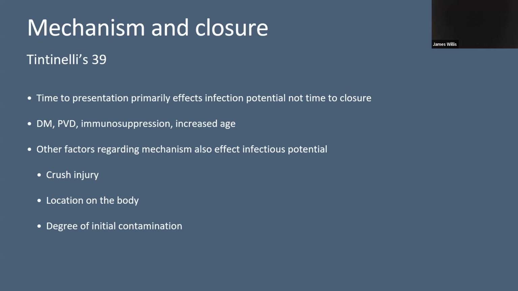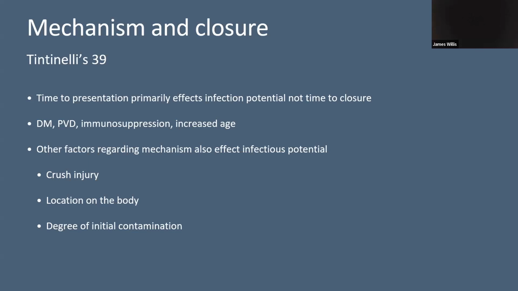Other already present factors, such as someone's medical history, diabetes, peripheral vascular disease, immunosuppression, these are all things that can decrease our immune response, decrease circulation, et cetera. Other things such as mechanism of the wound for a crush injury, these we know cause a decrease in the circulation surrounding a wound, which will also affect healing.